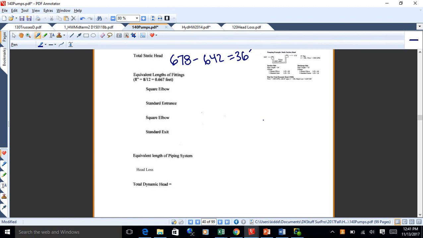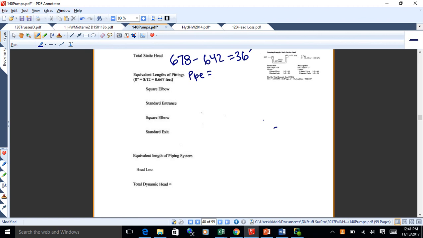Okay, but then we've got some fittings that we have to consider. And then the next thing let's look at is the length of the pipe itself. Is this matching what you've got in your book? I've changed this around a few times. So, total length of pipe.